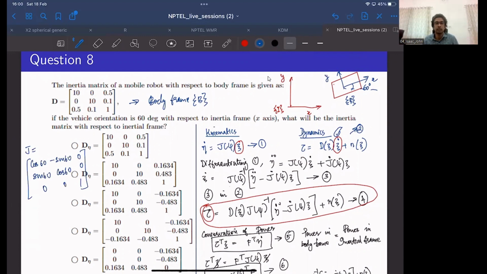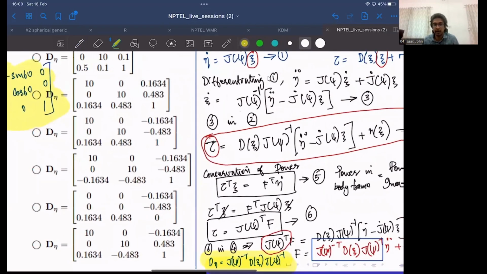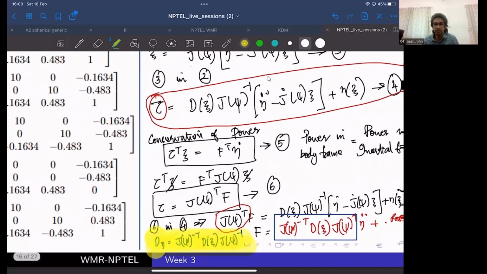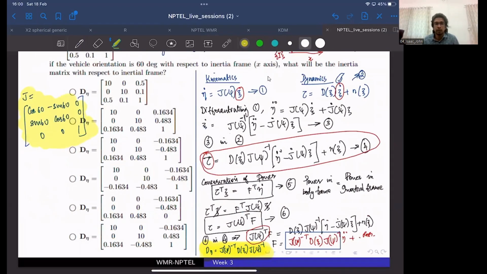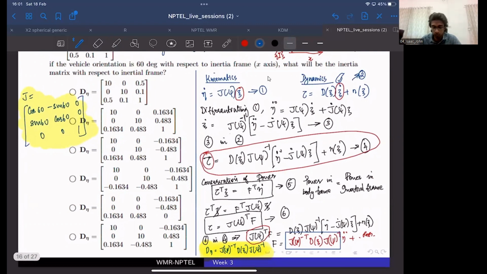So you have all the ingredients: the Jacobian matrix, the expression for the mass matrix in the inertial frame, and the question also gives you the D matrix, the mass matrix in the body frame. If you multiply all this out using these known terms, you will end up in option 2, option B.